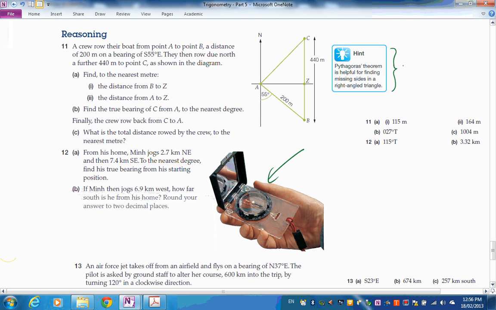Because if you have a 90 degrees anywhere, just keep in mind, probably the quickest way of finding a side, if you know these two, is not trigonometry but by Pythagoras. Okay, so remember that. The square on the hypotenuse equals the sum of the squares on the other two sides for Pythagoras. So you can always use that.